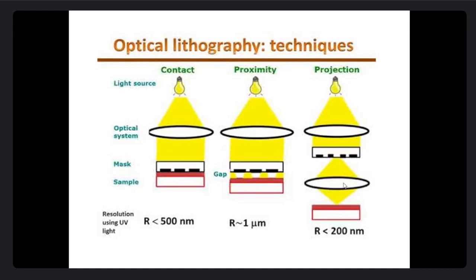This technique was basically invented to obtain better resolution. As you can see, in fact, it can compete with contact printing. In contact printing, the main advantage was that the resolution was very good. That means a very small dimension can be transferred or printed on the wafer, because it is almost in direct contact. In between there is a PR, but technically it is in direct contact with the sample.